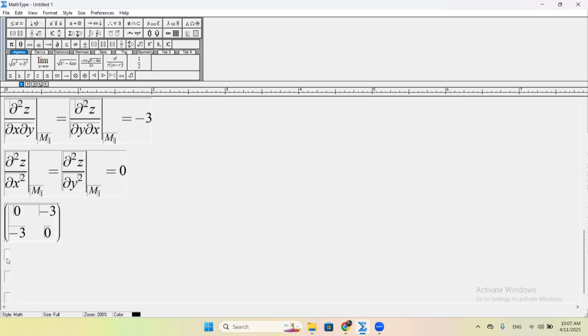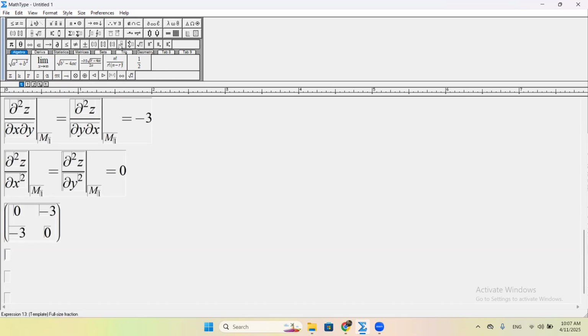So we need to investigate if it is positively defined, negatively defined, or not sign defined. If it is positively defined, we have a point of the local minimum. If negatively defined, it is the point of the local maximum. If it is not sign defined, it means that there is no extremum at that point.